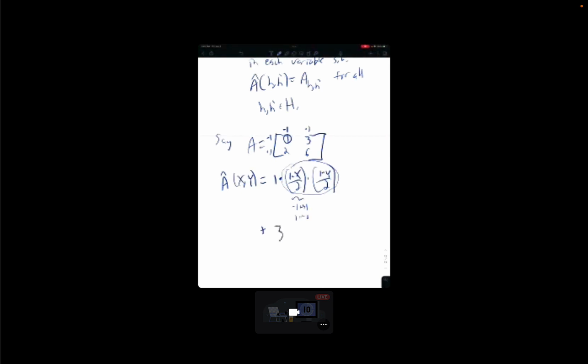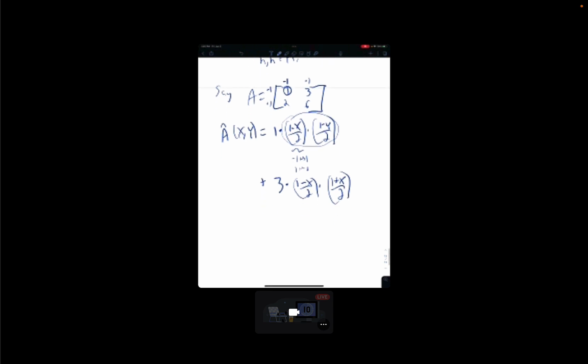The second would be 3 times 1 minus x over 2 times 1 plus y over 2. And that ensures that -1 comma 1 maps to 3, if I'm doing things right. Yeah, I think so. And then the next one would be 2 times 1 plus x over 2 times, that should have been a y, 1 minus y over 2.